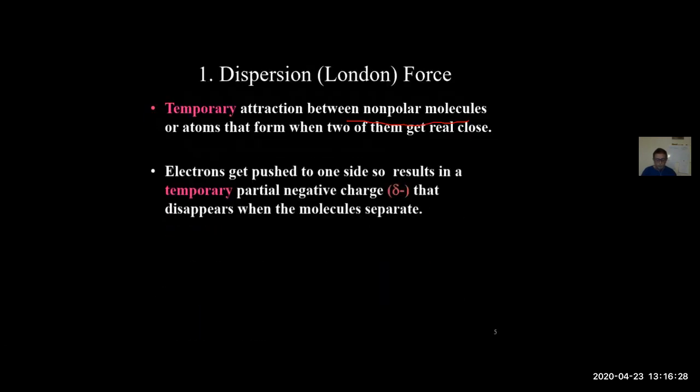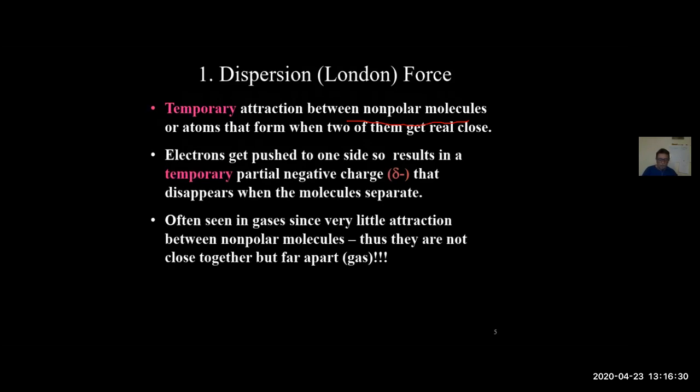So they're not very close together, and they're far apart. So gases have a lot of London forces involved, and they're pretty weak. And how they work, in the next slide we'll show you how that works.